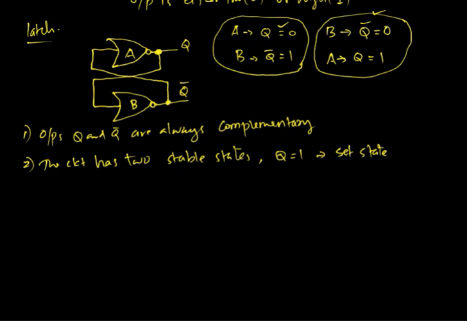The other stable state is that Q is equal to 0, which refers to the zero state or the reset state. So when Q is high, it is called set state. When Q is equal to 0, it is called a reset state.